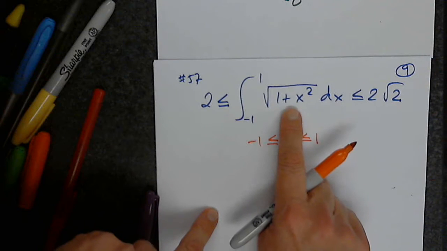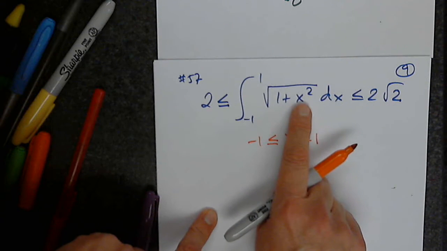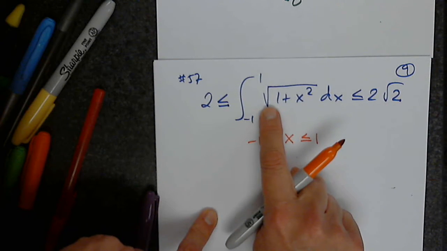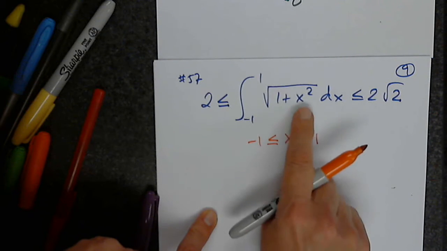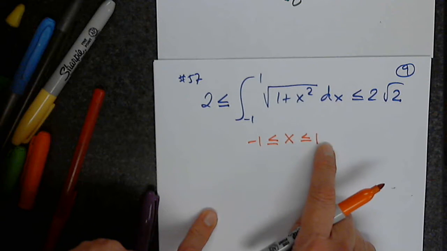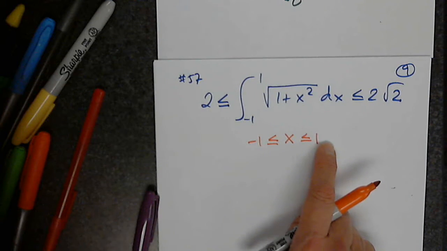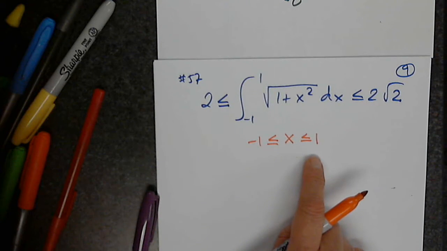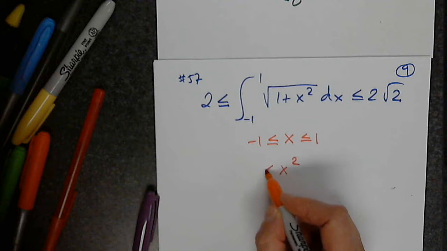Now, look at the function. The function has x squared, has 1, and has the square root. So obviously I have to create this portion first. How do I create this portion? If x is between negative 1 and 1, what should x squared be?